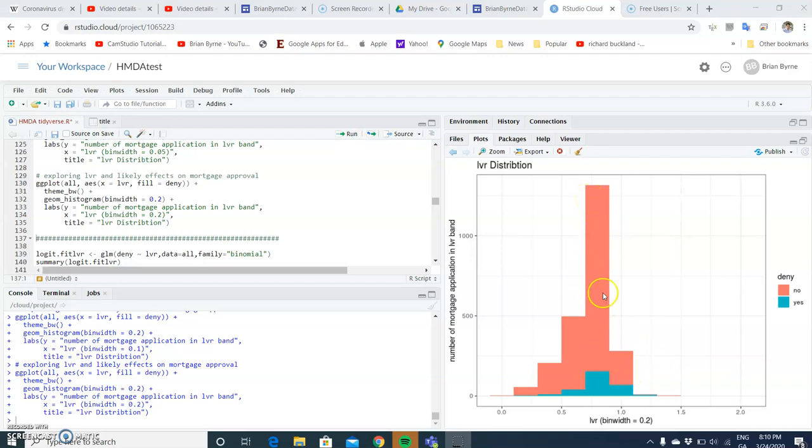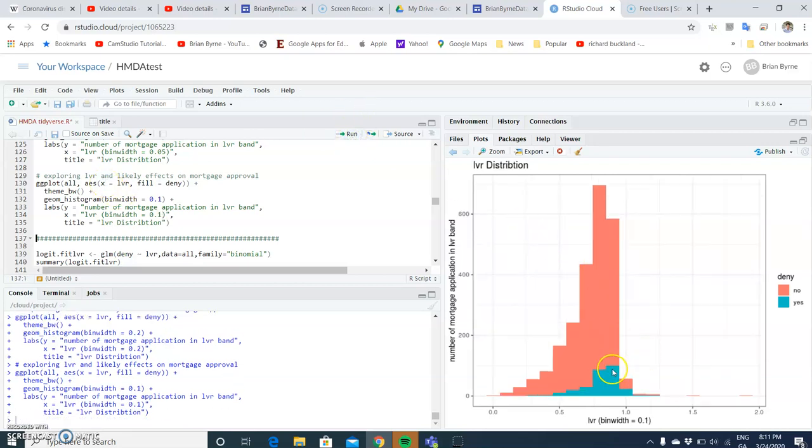It's probably okay when we look at this. As the LVR increases, the numbers decline, so did they decline proportionately? I think it's probably most revealing when we set this at 0.1. So we go back to 0.1, and what we really capture here is that as the numbers decrease in overall applications, the number of rejections increases.